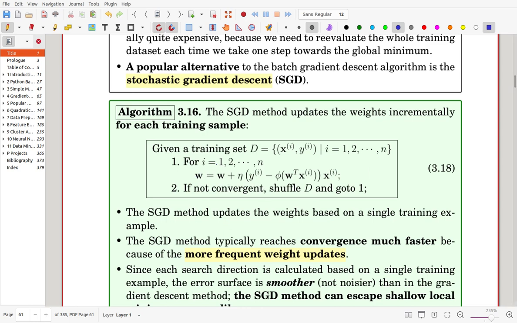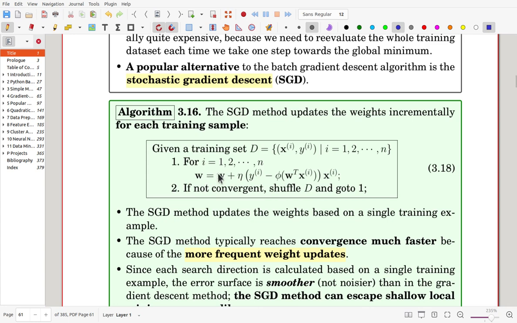Therefore, for i from 1 to n, using x_i, we organize the correction term and update. It looks like a perceptron, but here we are using identity activation. So the difference will be used for the weight update.